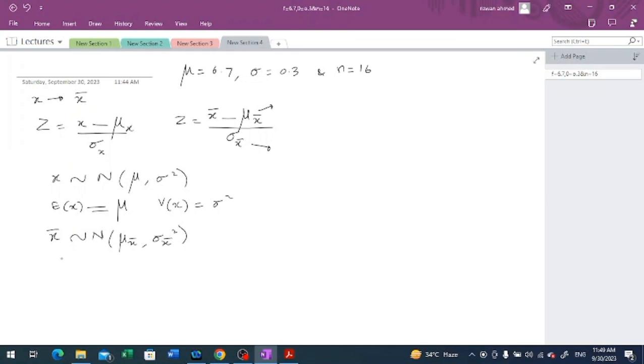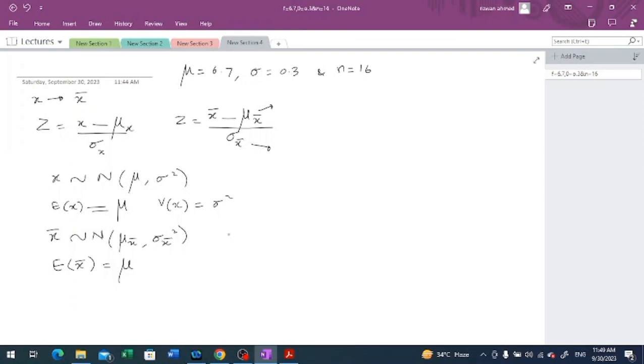Now we can write down the expected value of x bar, and we need to prove that this is equal to mu. This is what we have proved already when dealing with numeric values, when I gave you the population data of population size 5.